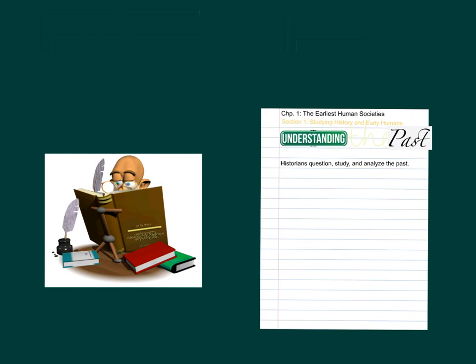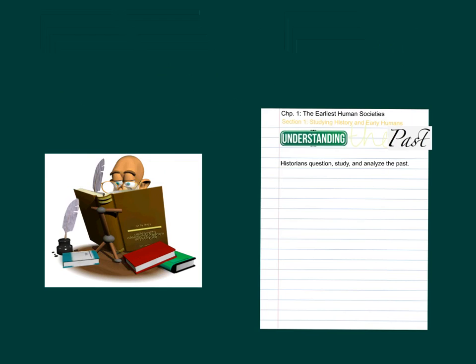So basically what we're going to do here is make bullet points. So your first line there, historians question, study, and analyze the past. That's a bullet point. But here's what I want you to do when you take notes. Always write down the topic heading. Because if, say, you're taking a quiz and you're looking for something about historians and you know it's under the section called Understanding the Past, if you have the title there, you know where to find it.